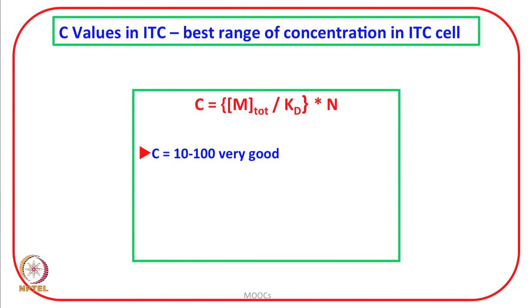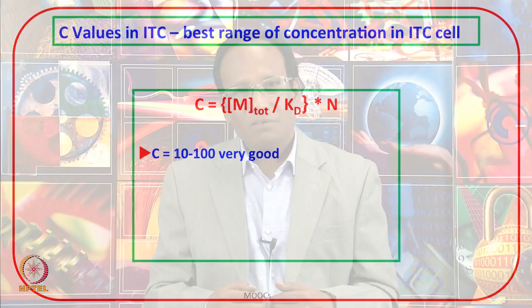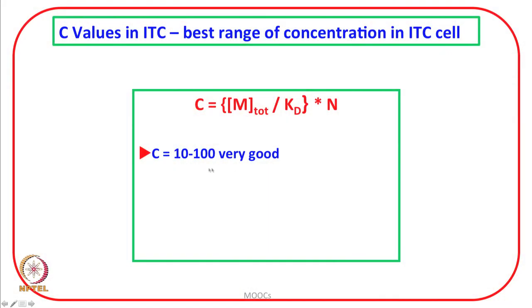And as I earlier mentioned, physical chemists would like to talk in terms of association constant, and biochemists would like to talk in terms of dissociation constant. So, therefore, we should not get confused when we are talking about association constant or when we are talking about dissociation constant. A C value between 10 to 100 is usually considered very good and gives a very good isothermal titration calorimetric output profile.